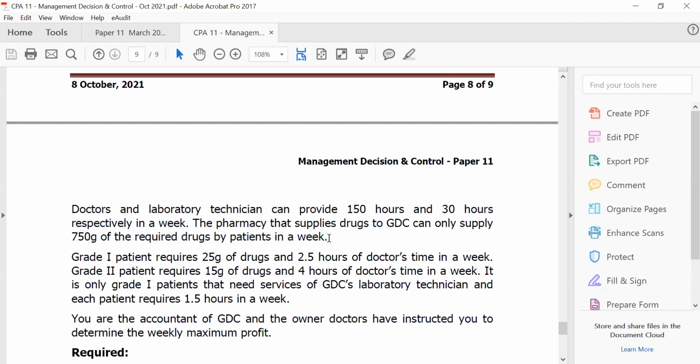This statement is going to help us create equations. We are also going to leverage this, where they're telling us that grade 1 requires 25 grams of drugs, okay?